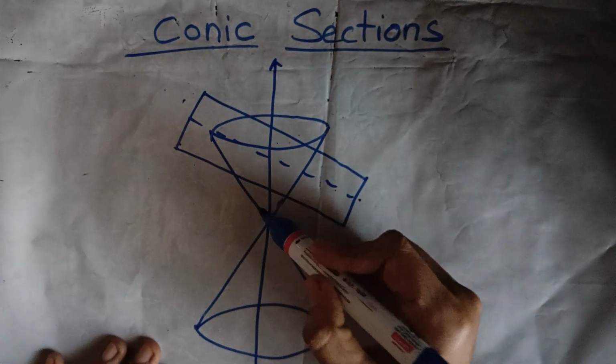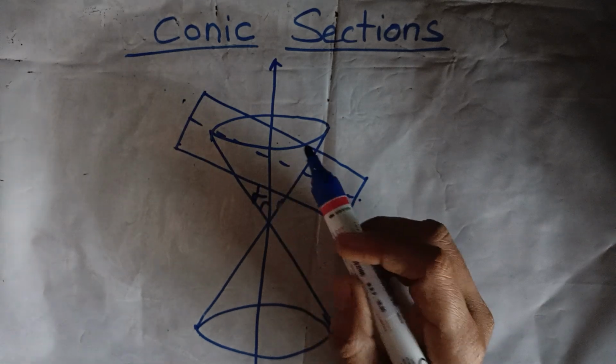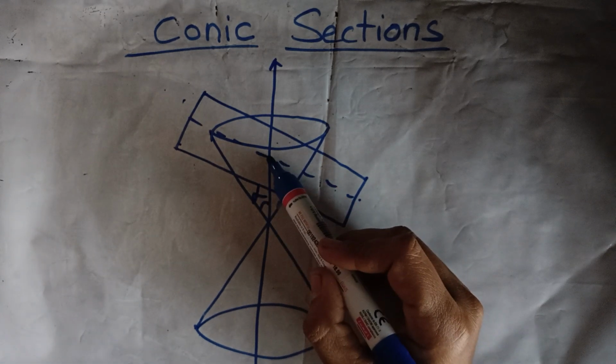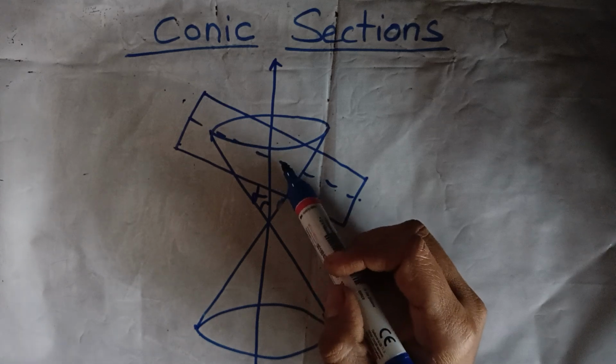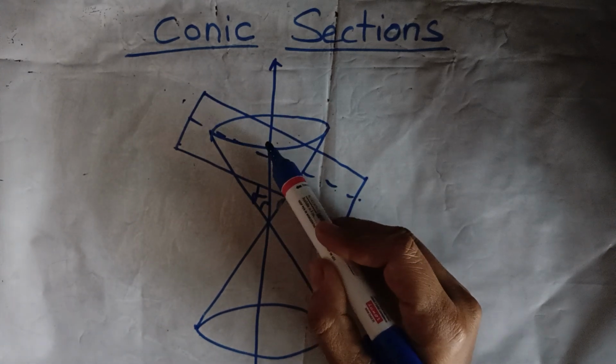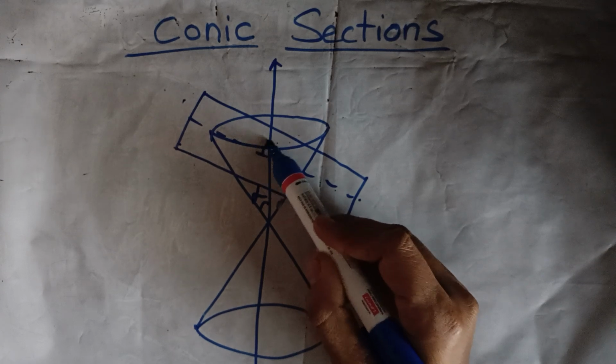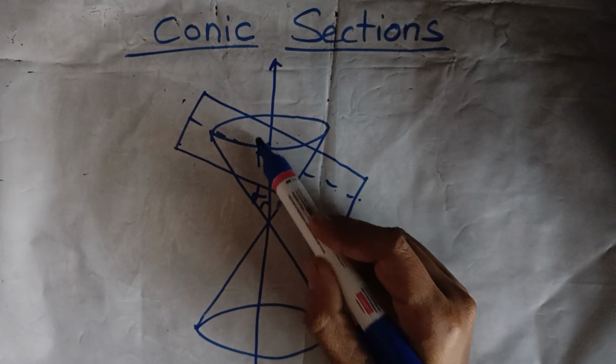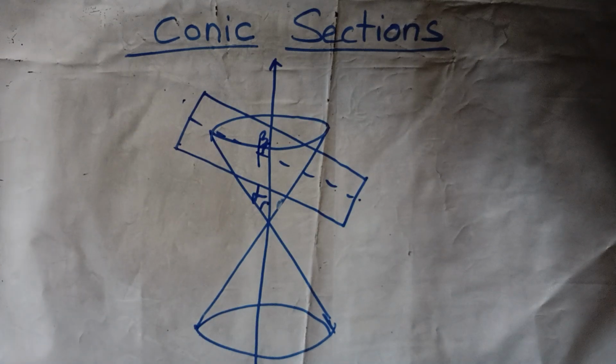Now this angle is alpha, and the angle which is made by the plane and the axis is beta. So we'll see the four types, that is circle, parabola, ellipse and hyperbola.